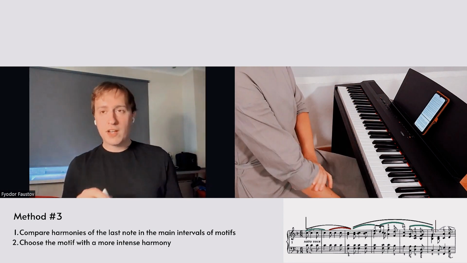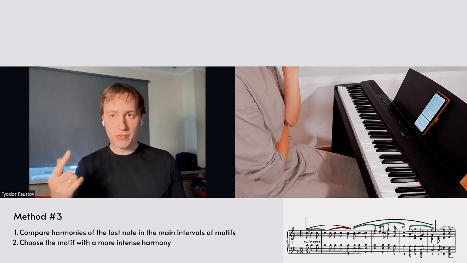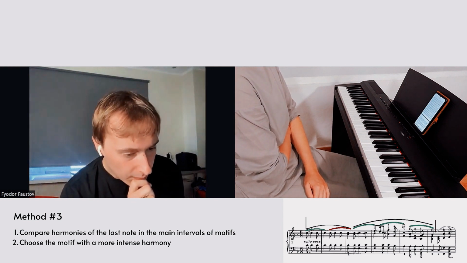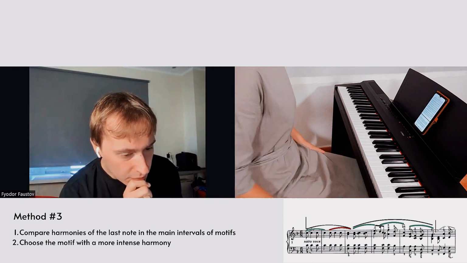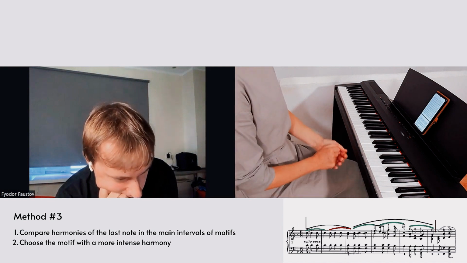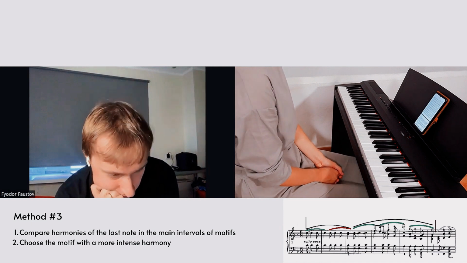You're comparing last chords, yeah, the last chords of the motif. So the first note of the bar, yeah. Yes. For me, it was both. I don't think it's helping here. So let's just stick with the second. So in both phrases, we choose the second motif. Good.